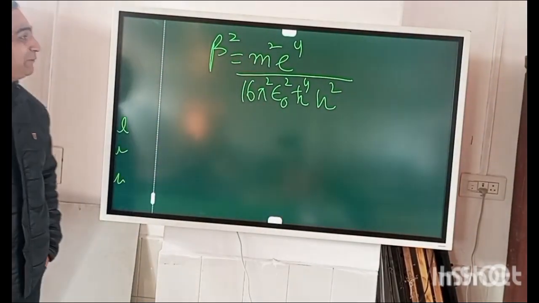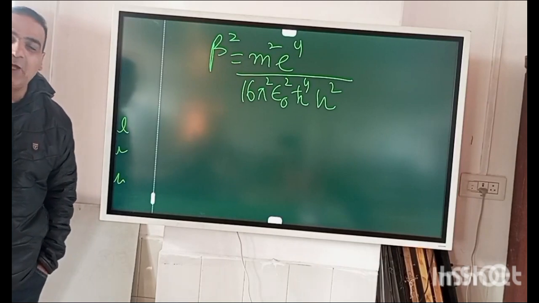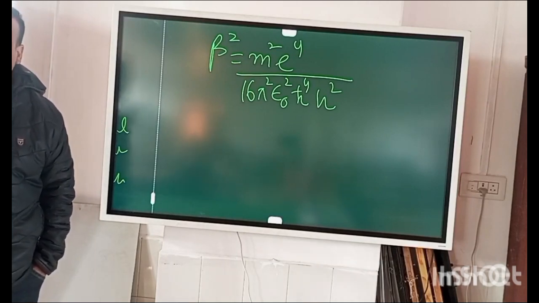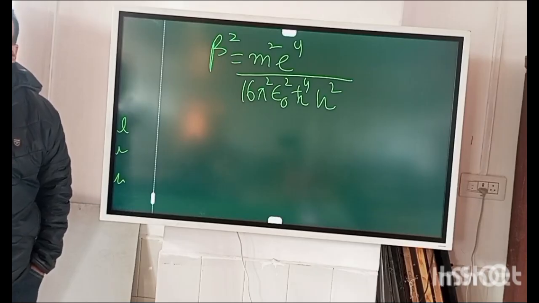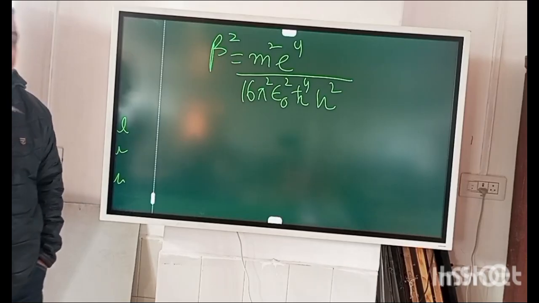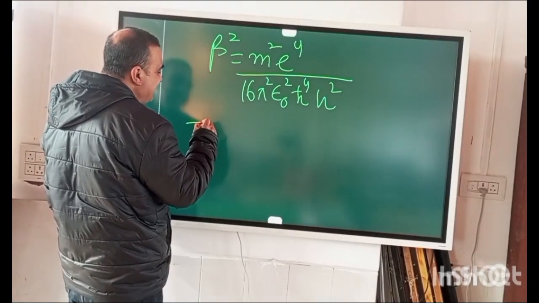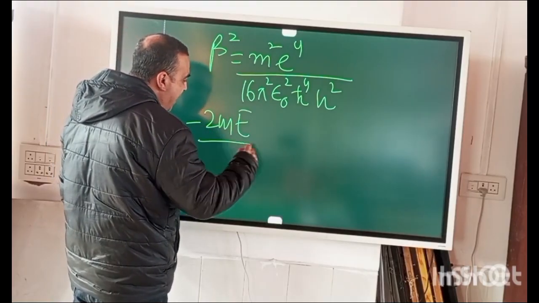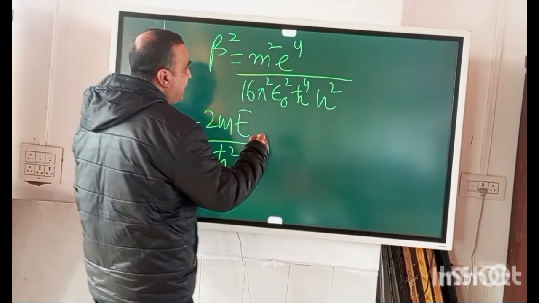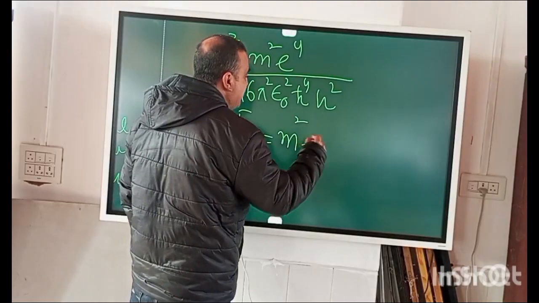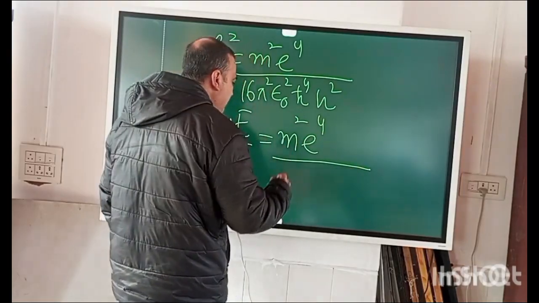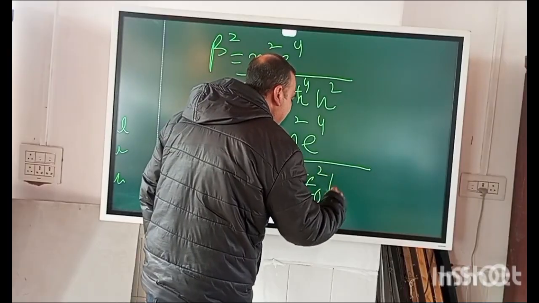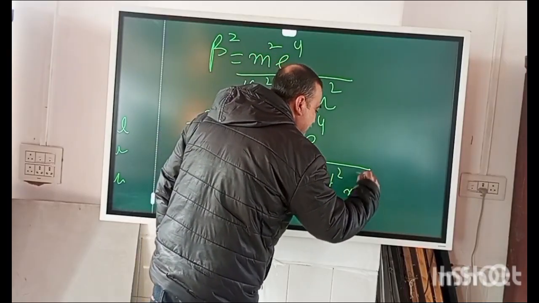But what was beta square chosen to be? See the choice that we had there. It was minus 2me by h bar square. Let me use that. So minus 2me by h bar square is equal to m square e to the power of 4 divided by 16 pi square epsilon naught square h bar square and n square.